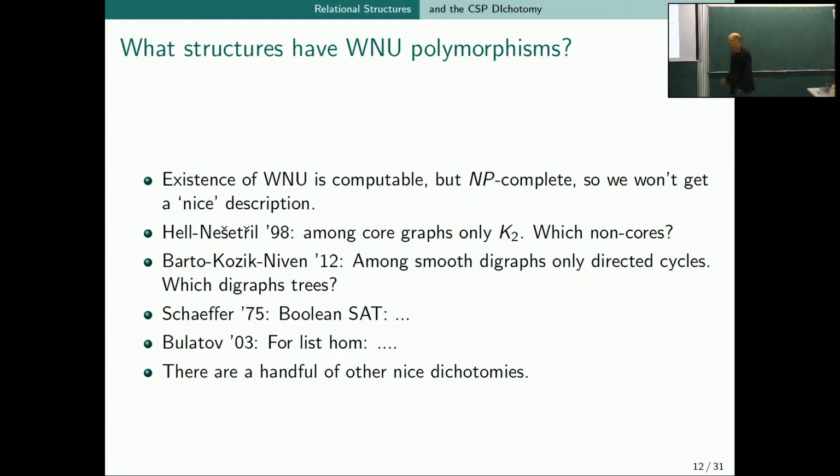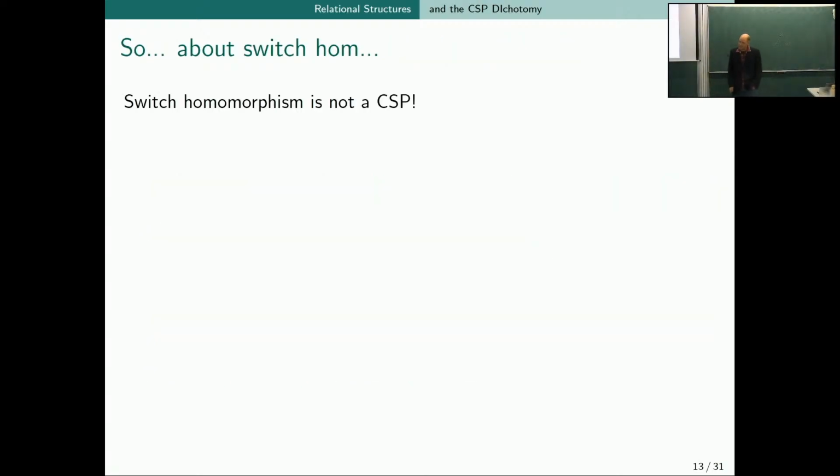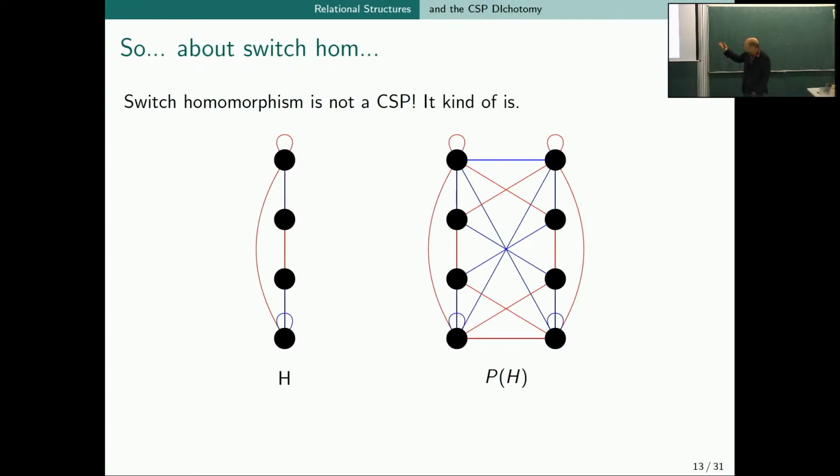But Brewster and Graves showed it is kind of a CSP. If we think about doing a switch homomorphism to this graph, we claim that it is the same as just doing a homomorphism to this graph.